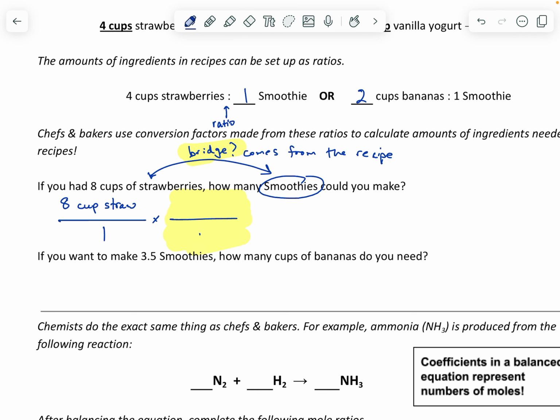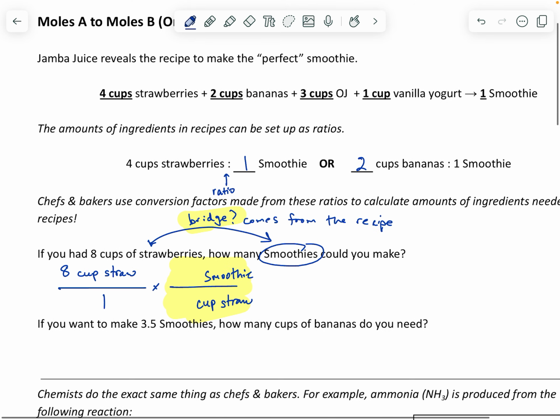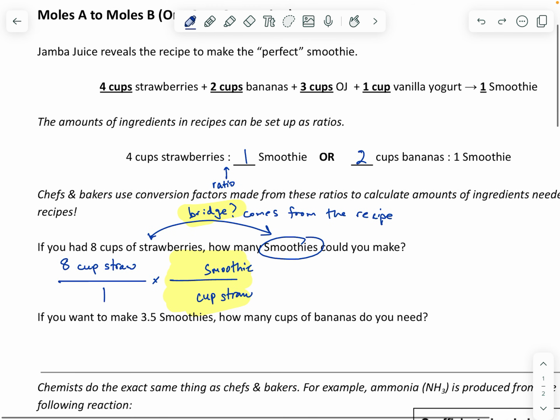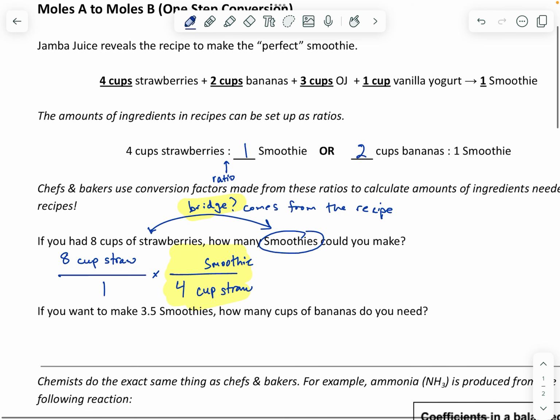And so we know that cups of strawberry have to go on the bottom here to cancel out as a unit, and we know smoothie goes on top. And we look at our recipe and compare strawberries to smoothies, right? What are those values? I know that for every 4 cups of strawberries I can make 1 full smoothie.